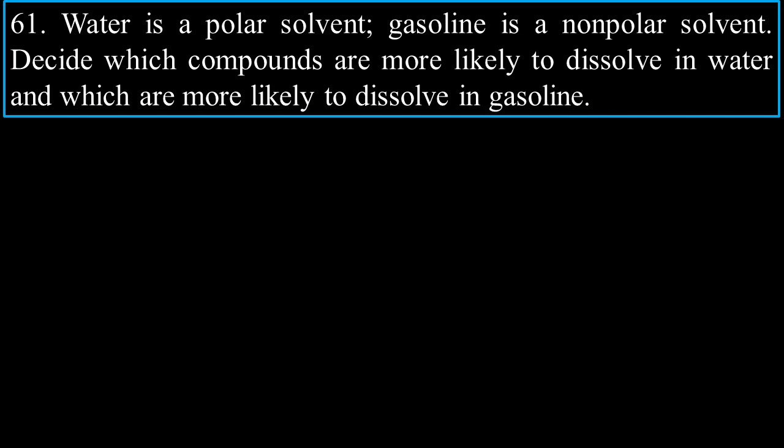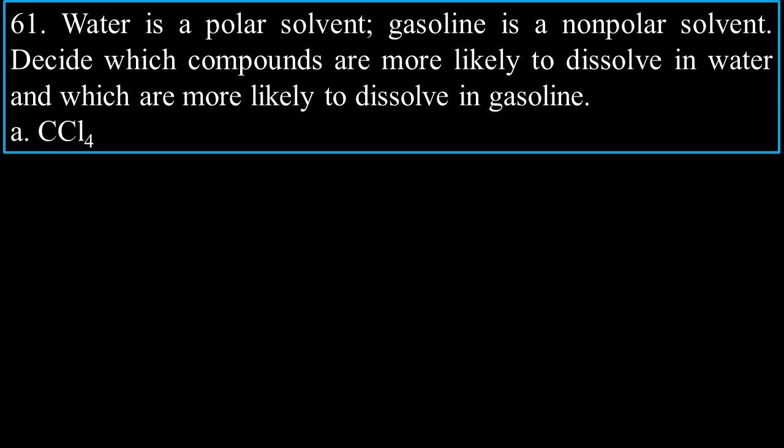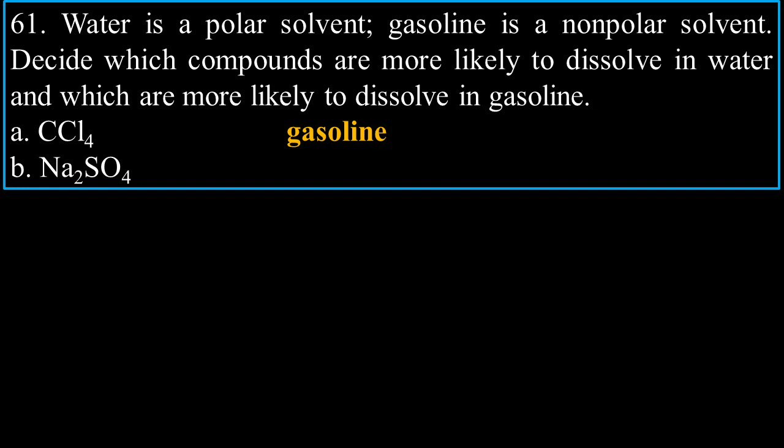Decide which compounds are more likely to dissolve in water and which ones are more likely to dissolve in gasoline. Okay, here we go. Carbon tetrachloride, gasoline, very, very nonpolar. Sodium sulfate, water, very ionic.